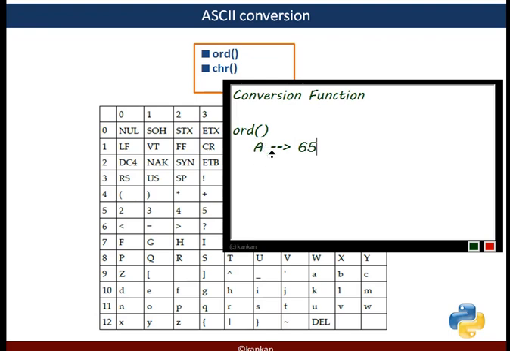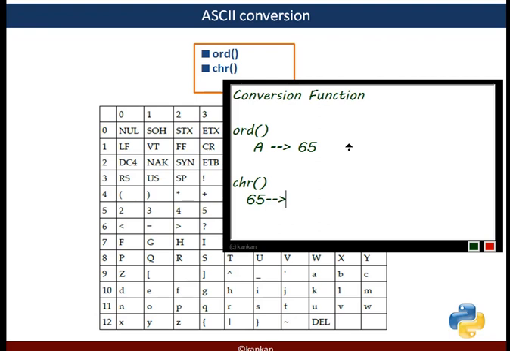Now next, what is the purpose of the CHR conversion function? If an equivalent ASCII value is provided, then that will be converted to the ASCII character.